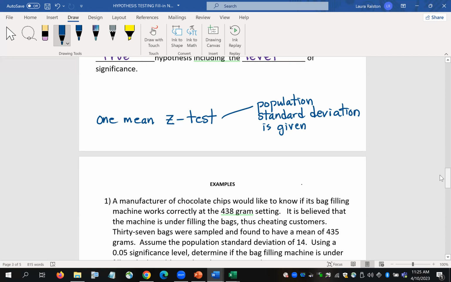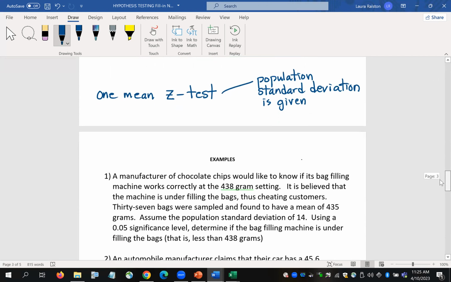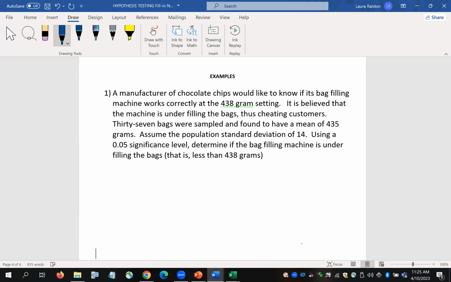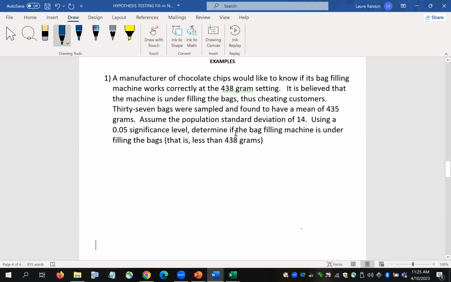But in some ways, the steps are a little bit more involved. For some reason, it just seems more complicated to students than the test for normality, because it's not as specific in terms of stating your hypotheses. So let's read through this question.